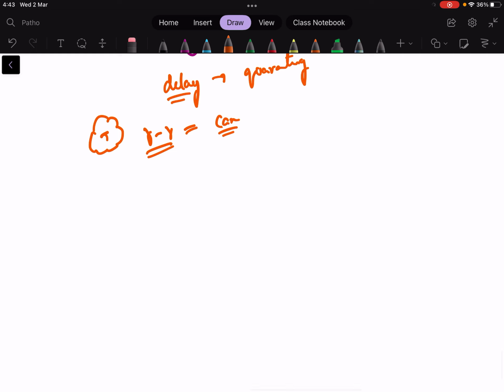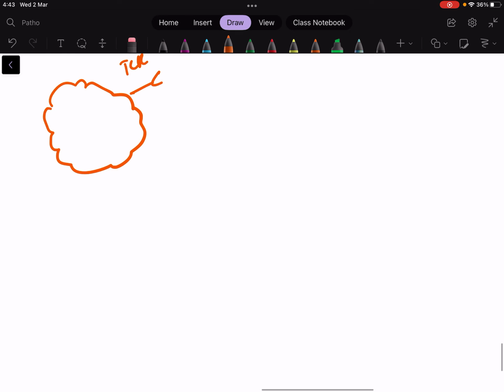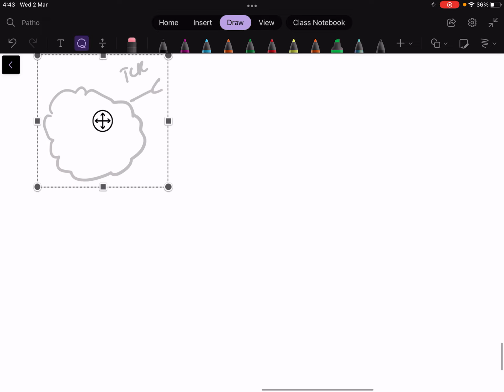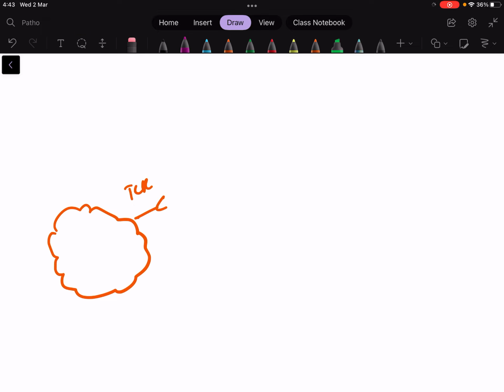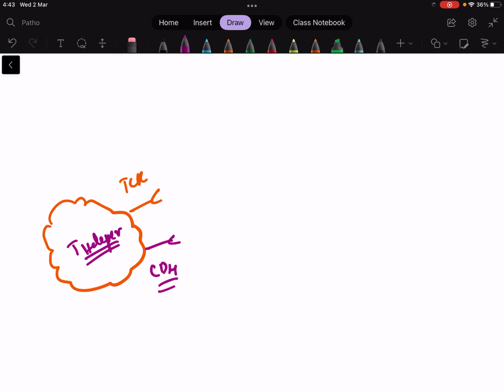Now basically, suppose this is a T cell. I already told you a T cell is going to consist of a T cell receptor, and not only that, it is going to have a CD4. For this instance, I will take a CD4 positive T helper cell. We are going to take a T helper cell which has a CD4 receptor. So it will react with an antigen presenting cell.